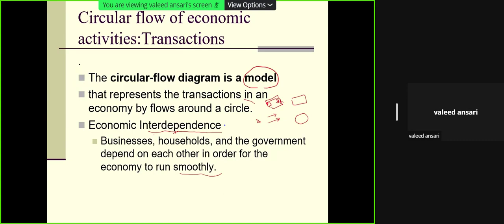Other indicators are also there, like the migration of labor, but they are not incorporated here. This diagram brings out the interdependence and how one sector of the economy and the other sector function.